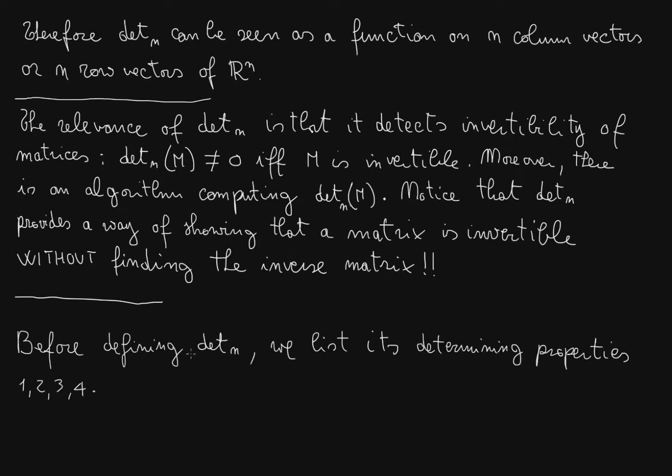Now, before defining the determinant of M, which will happen in the next lecture, we list its determining properties, 1, 2, 3, and 4. What does that mean? It means precisely what the following theorem states.